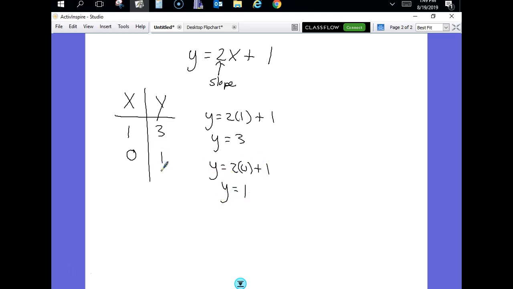Right? And when you're graphing a straight line, 2 points is enough, right? So I can graph these 2 points. So let's do that. So we have 0, 1. And we also have 1, 3.